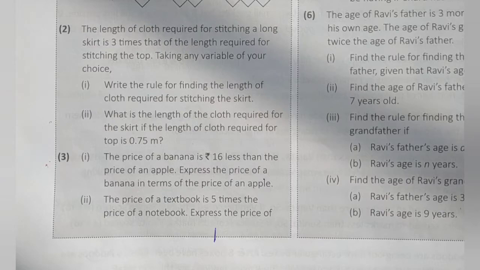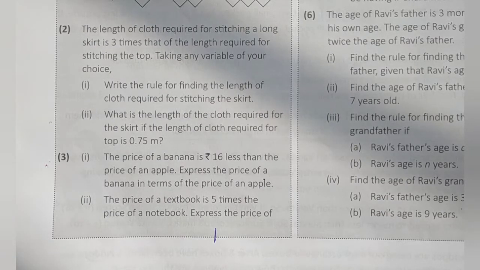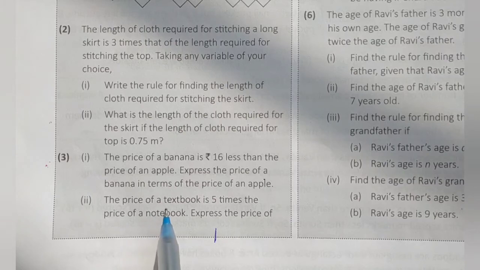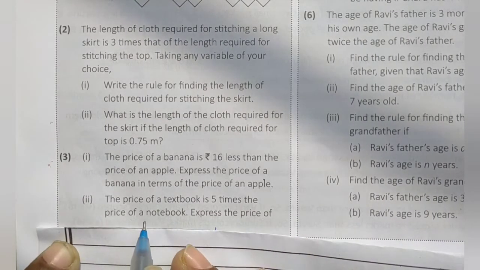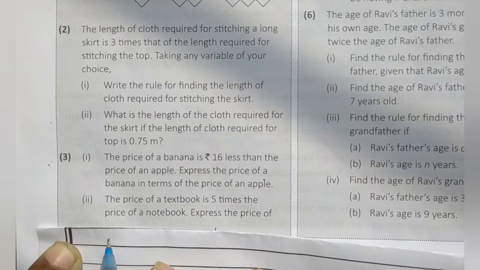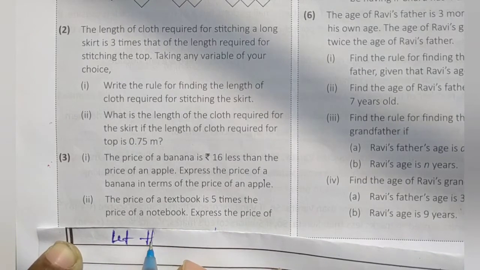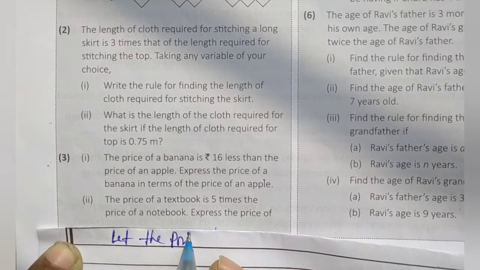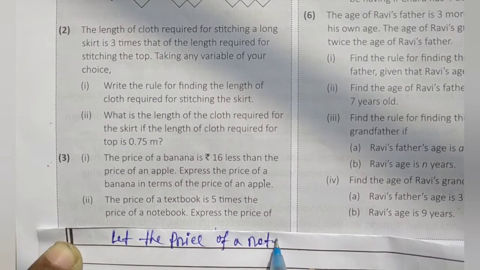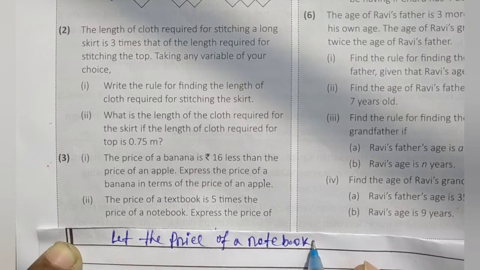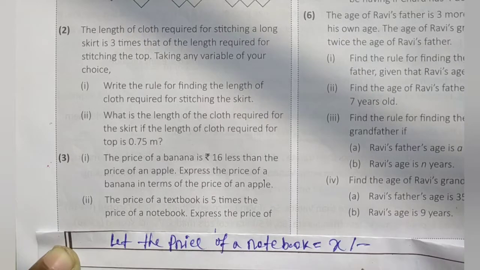Now in a similar way, just try to solve problem number 2. Here it is given the price of a textbook is 5 times the price of a notebook. So in this case, let the price of a notebook equal x.